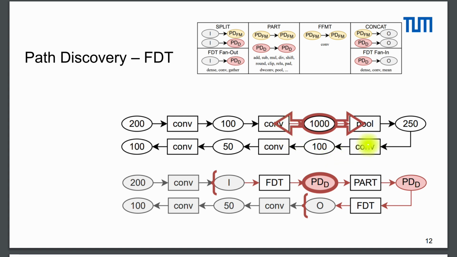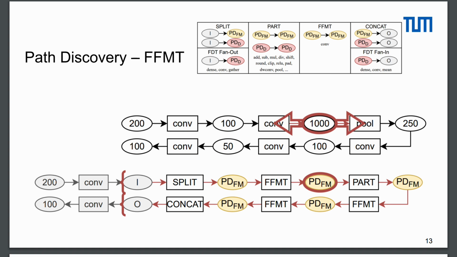And then finally, when we reach another convolution, this is kind of the second part of this fused depthwise tiling. So now we also have to stop our split path at this point, because then we produce all the outputs and can't fuse any further.